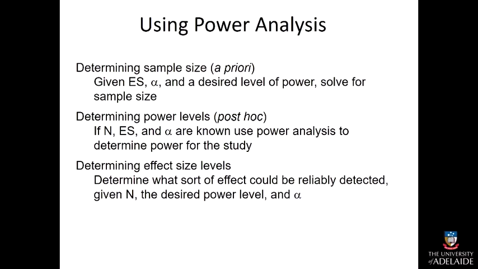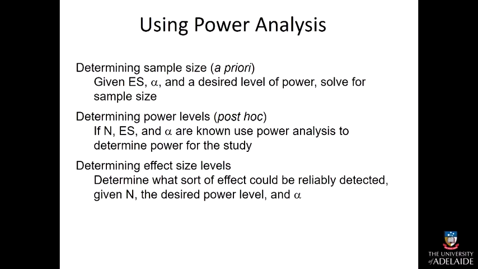It's called a priori power analysis, a bit of Latin which says we're doing this before we do the study, prior to the study. So given an effect size, the alpha level that we're going to adopt, and the power that we would like to have, so we've got 3 of the 4 things, we can solve for the sample size that we'll need to achieve that level of power.